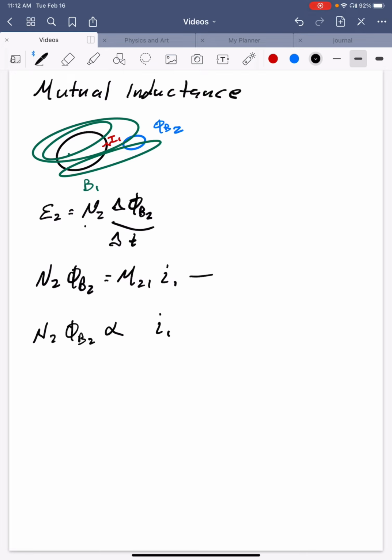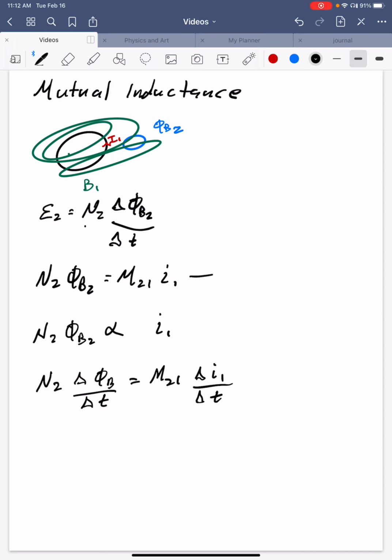I can combine these two relationships, and I can say that N2 times delta phi B over delta t is going to be equal to, let's say the mutual inductance is a constant, M21 times delta I1 over delta t.